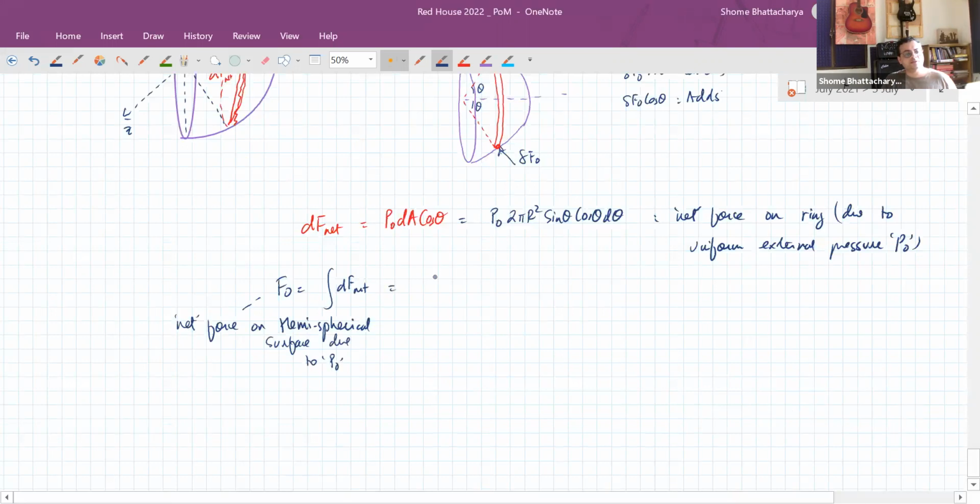Okay, so that becomes integration of this quantity, 2 pi r square P naught over all the rings for the hemisphere.